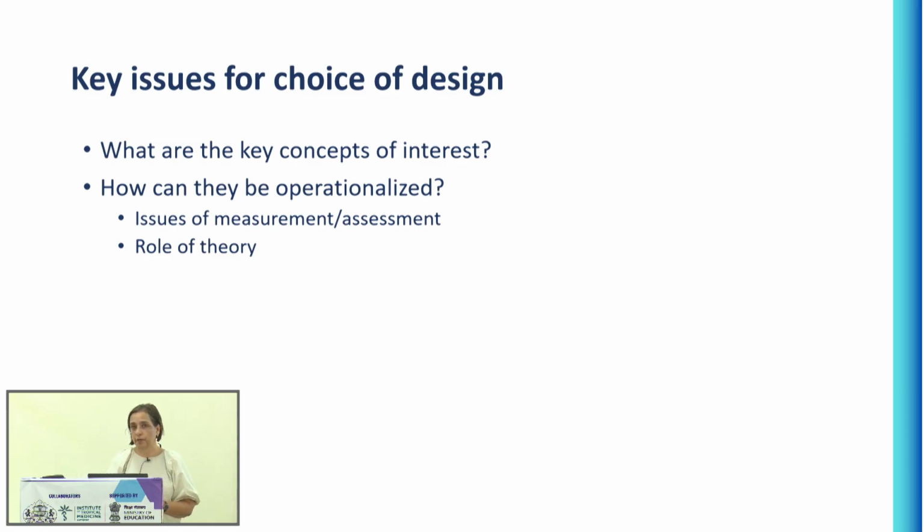How can they be operationalized? For each concept that is relevant to your conceptual framework, you need to think, how am I actually going to measure or assess it? Whenever I say measure, you probably think quantitatively. But essentially, how am I going to come up with a strategy that allows me to say something that is valid, that is going to reflect the reality of that concept?